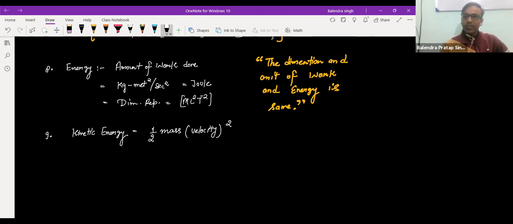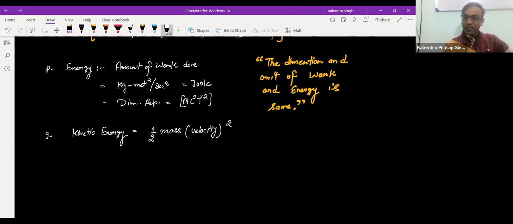So intuitively, can you say what is the dimension, what is the unit of kinetic energy? The unit of kinetic energy must be same as energy. So it must be kilogram meter square per second square.